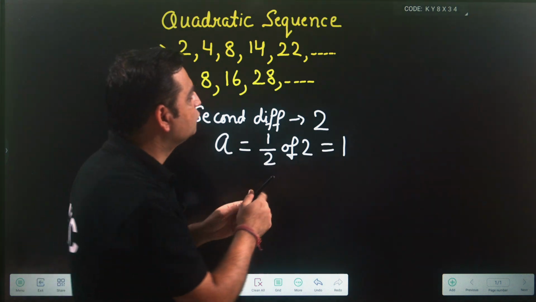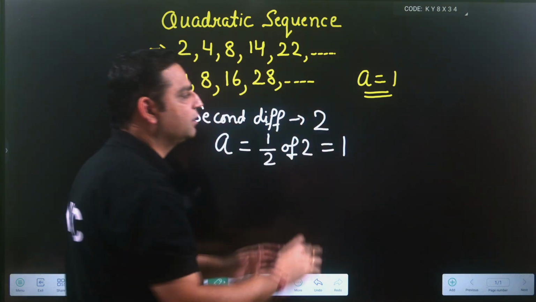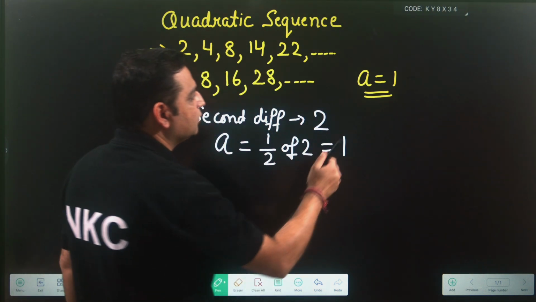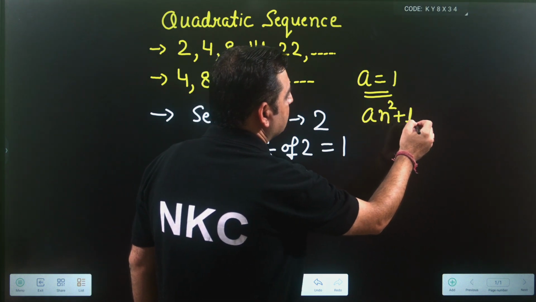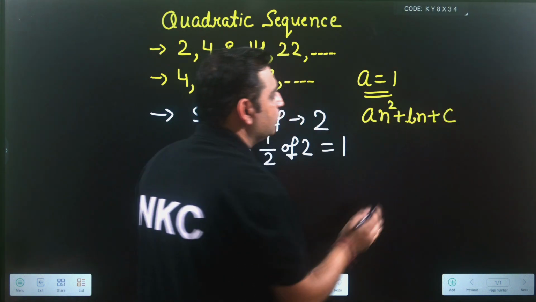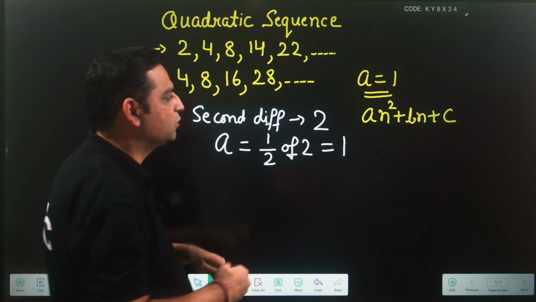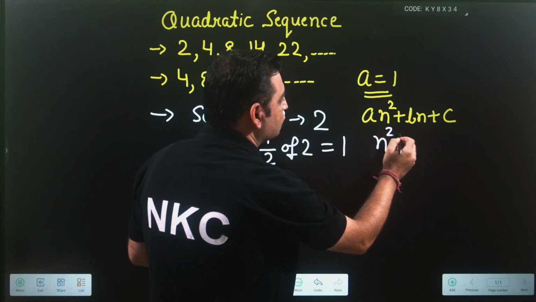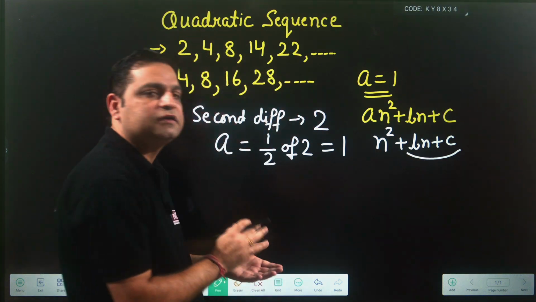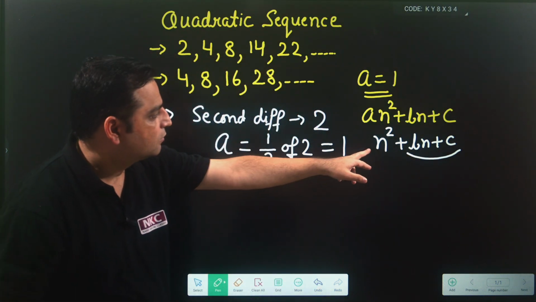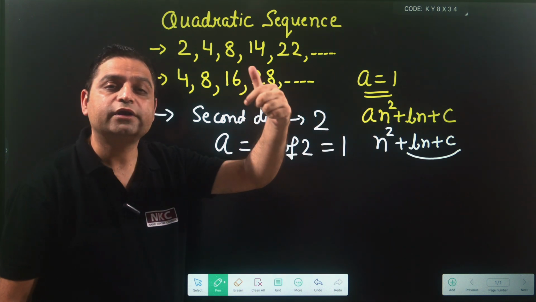The value of a is 1. So if my general form was an square plus bn plus c, and I have found that a is 1, it becomes 1n square, so no need to write 1, it is only n square. But what should I do with bn plus c? That's still a challenge. The first term will be n square, that is for sure. Now how to find bn plus c?